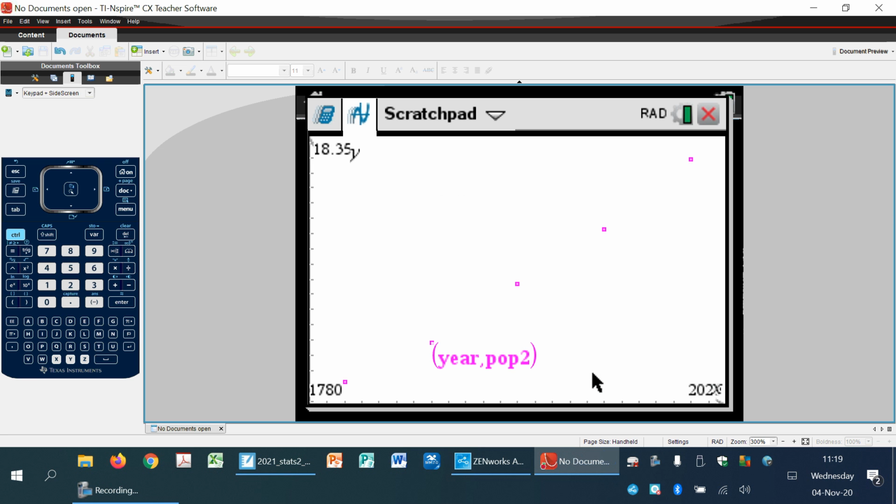And this one looks much straighter, so we'll go ahead and use this one to do our regression.